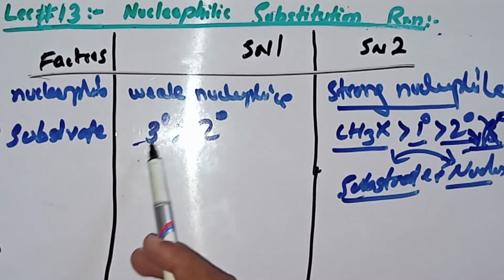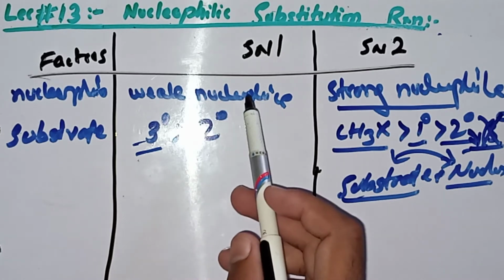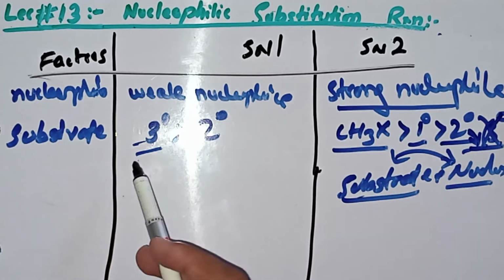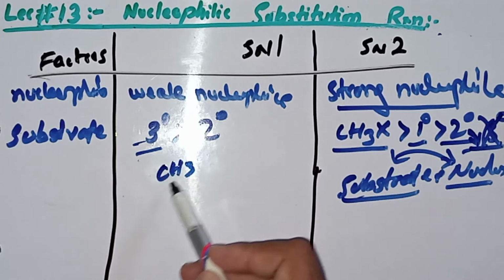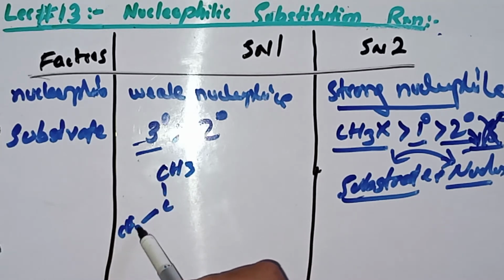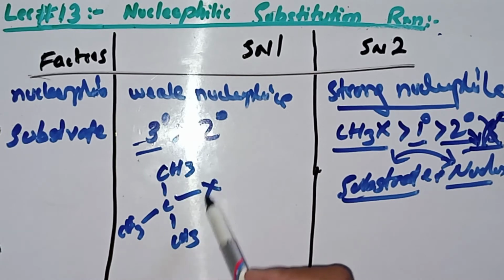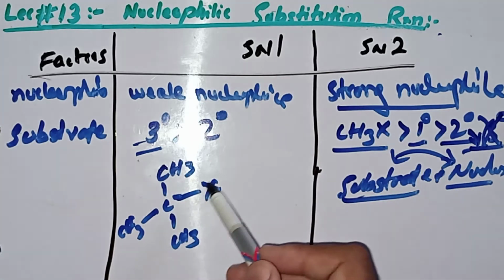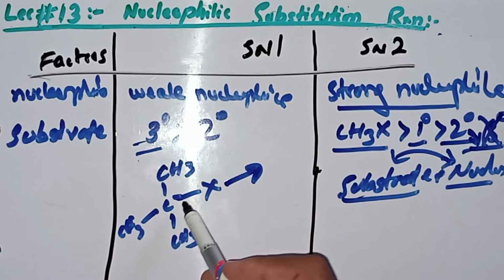While in case of SN1 reaction, substrates undergo SN1 well when they have strong electron donating groups attached. These three CH3 groups are electron donating, so when they donate electrons toward this carbon, it produces an ionization effect and polarizes this bond more.